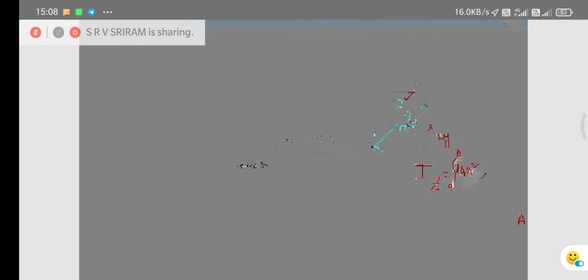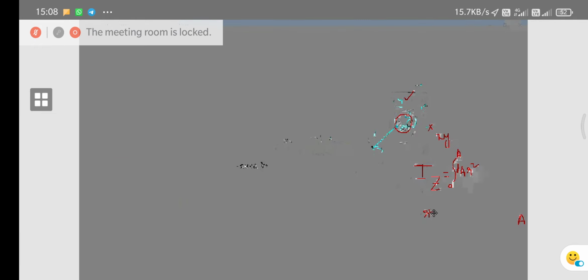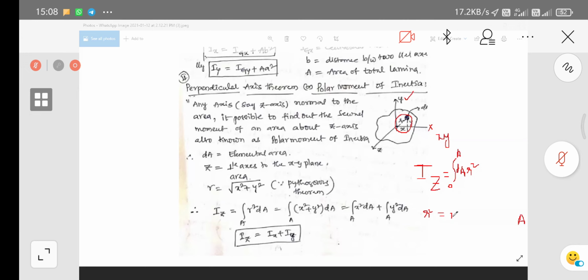Considering the triangle we have taken, from the Pythagoras theorem we know that r square is equal to x square plus y square.